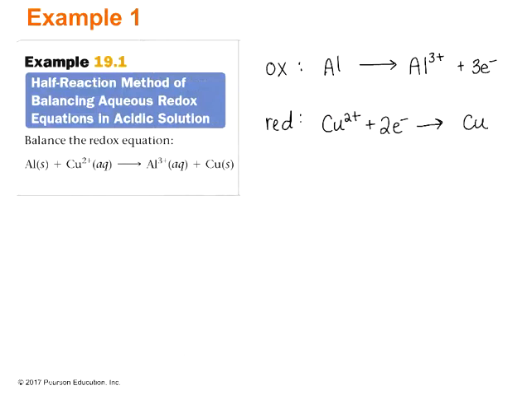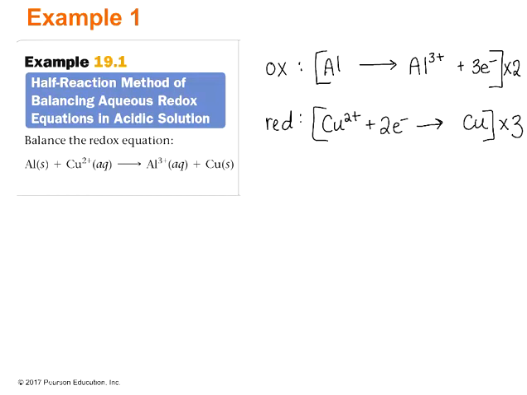In our reduction reaction we only have 2. So what can we do to make those the same? So we would want to multiply the first reaction by 2 and the second reaction by 3.